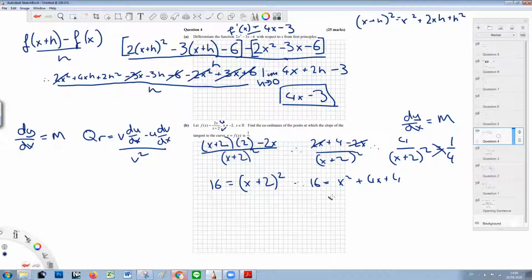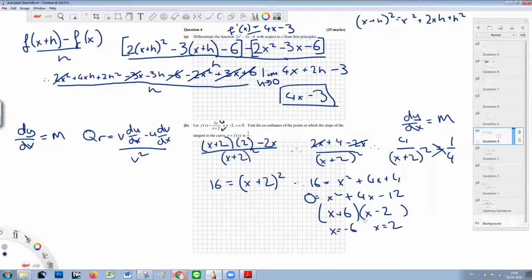That's going to be x squared plus 4x minus 12. Again, I'm just doing quadratics, so that's going to be (x plus 6)(x minus 2). So x is equal to minus 6 and x is equal to 2.